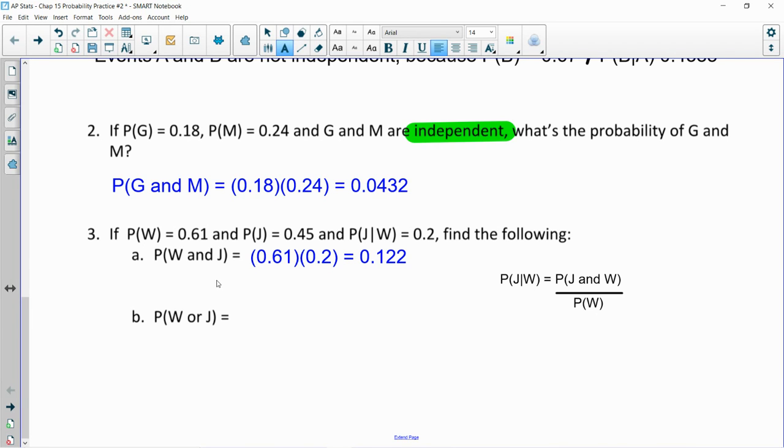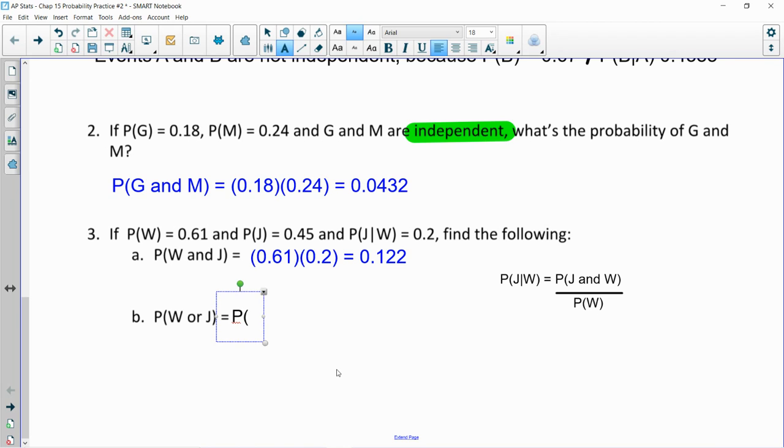Okay, so how about our OR probability? If you notice, what makes question number 3 different from question number 2 is it doesn't state anything about independence, and we can't assume independence. We could try and test for independence, but we really don't need to spend time doing that. And here's why. An OR probability is quite simple.